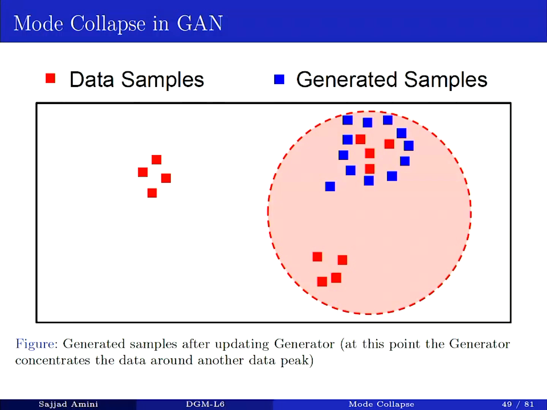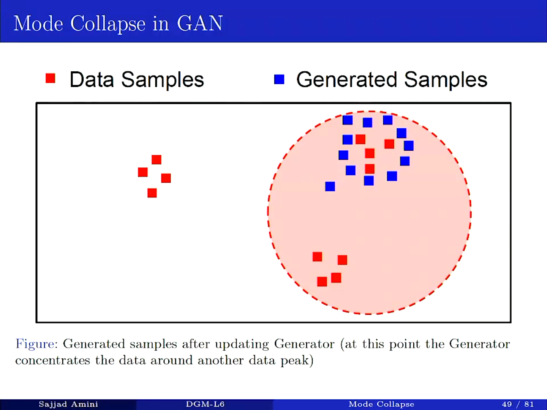Why does this happen? Because the training forces the generator to generate samples which are very similar to each other. And when you update it, it wants to seek another peak of the data samples, where the discriminator assumes those samples to be true data samples, which is the objective of the generator. So it puts all of them at this point.